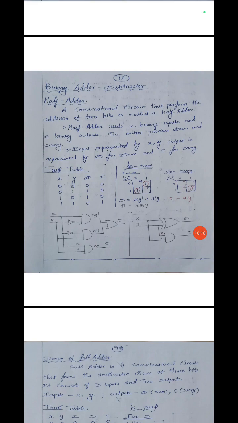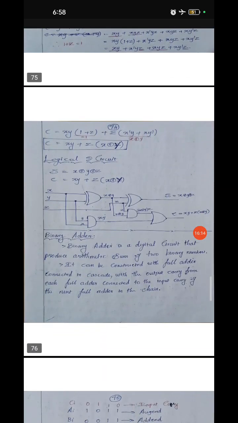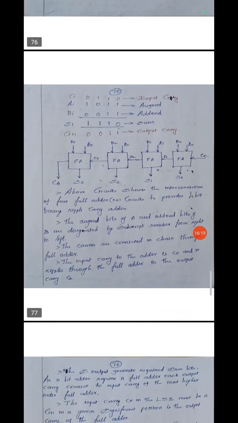Then after that, the binary half adder, half adder, full adder, which you have already studied in lab. Then the 4-bit adder. A 4-bit adder is made of 4 full adders. This question was asked in the mid-term, and somebody missed it.